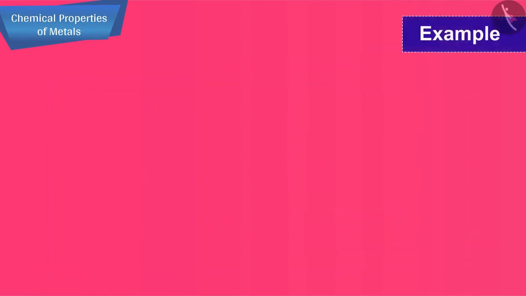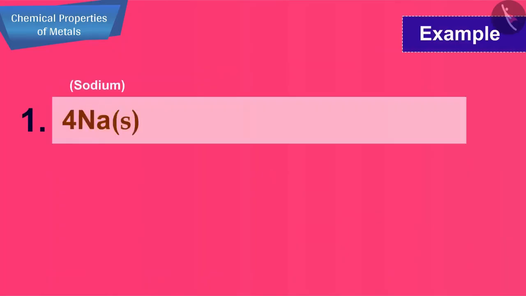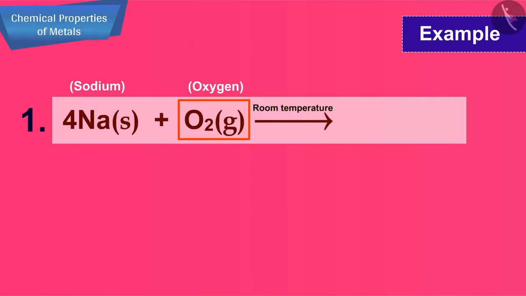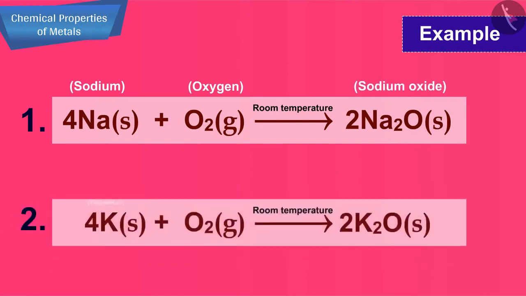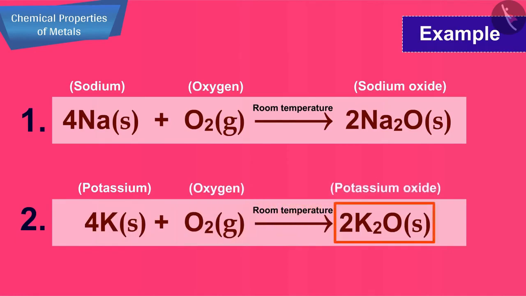For example, 1. Sodium metal reacts with the oxygen of air at room temperature to form a basic oxide called sodium oxide. 2. Potassium metal also reacts with oxygen of air at room temperature to form a basic oxide, potassium oxide, K2O.